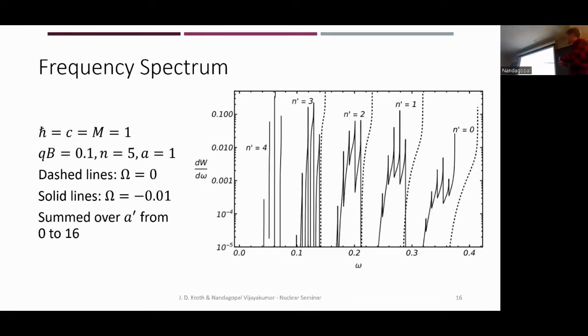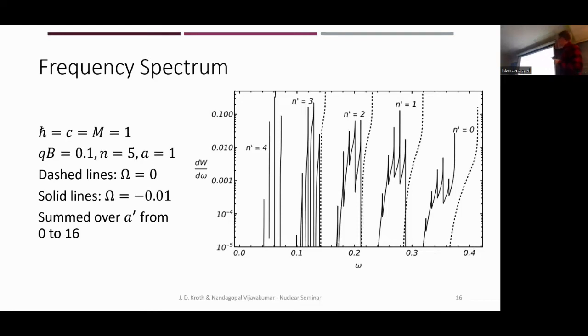This is a characteristic frequency spectrum. The dashed lines here are the case without any rotation. There isn't one over here in this n prime equals 4 island because it's just off the page.